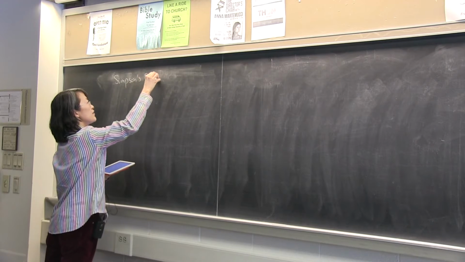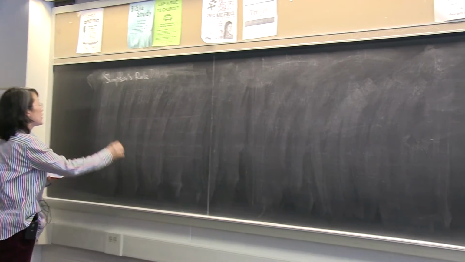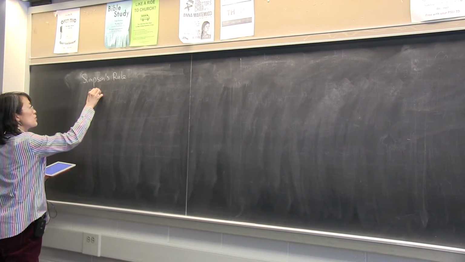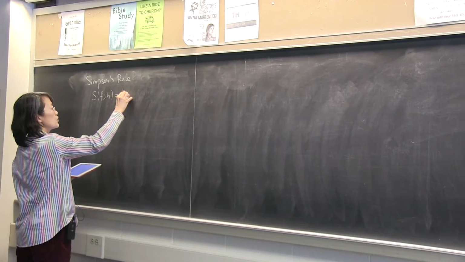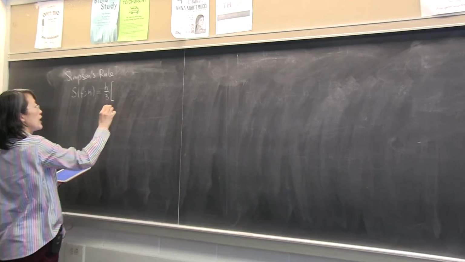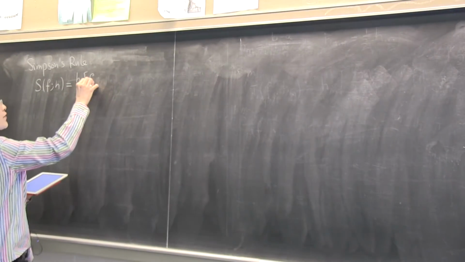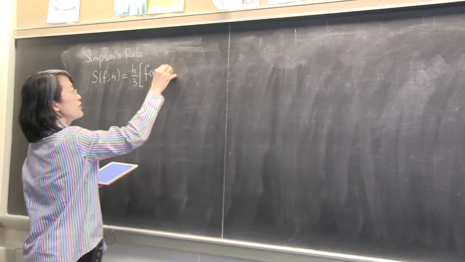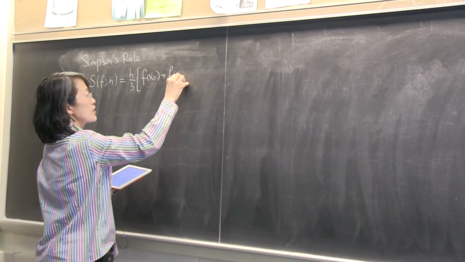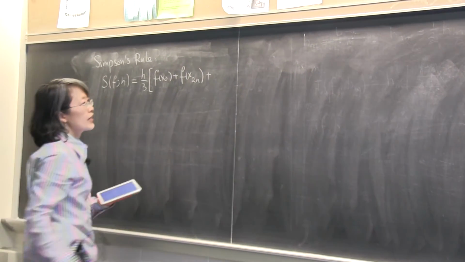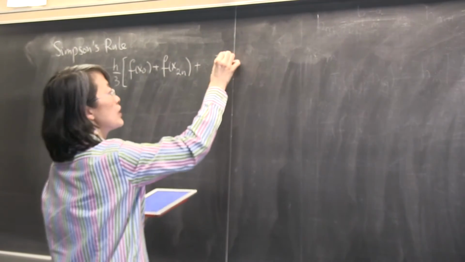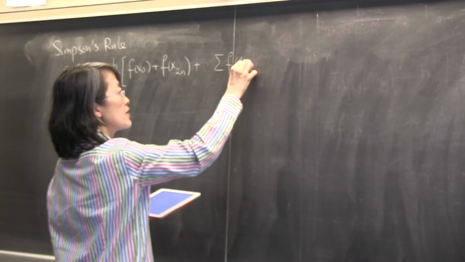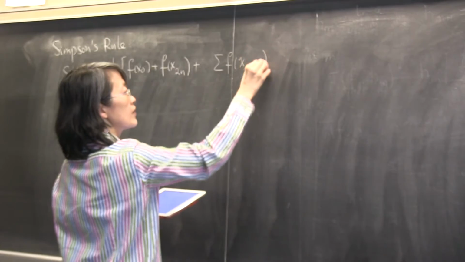So we derived it, and let me repeat it here. Simpson's rule for a function f with the interval h equals h over 3, f x0, f x 2n, and then you have to sum over all the odd indices, right?